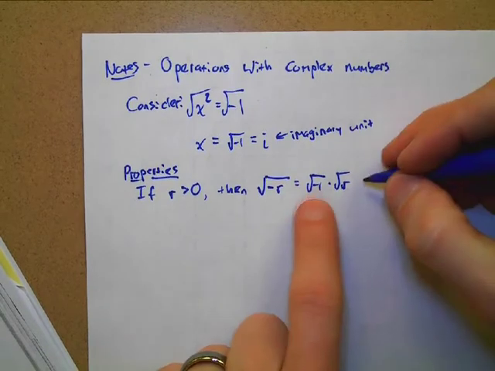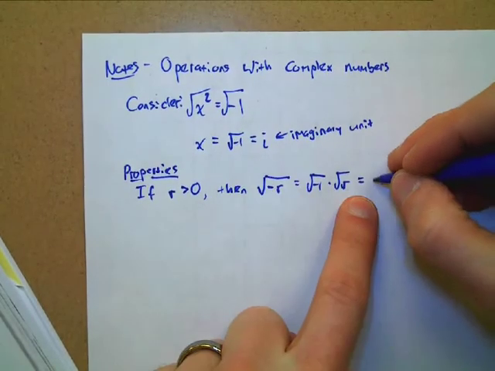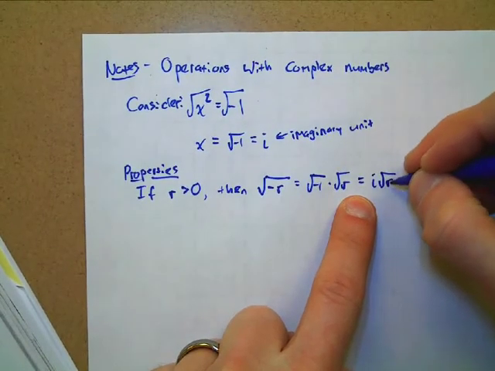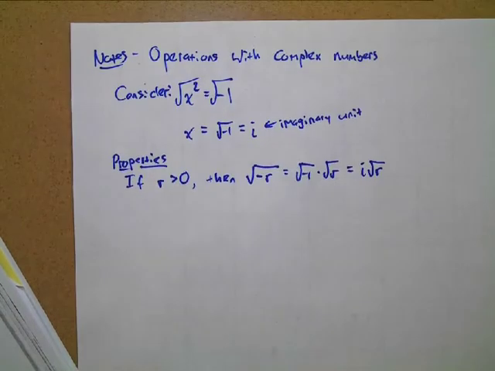And then instead of writing the square root of -1, we just said the square root of -1 is i. So we'll just write i times the square root of r. That's one way that we simplify those square roots of negative numbers.